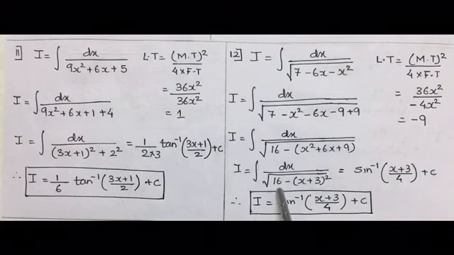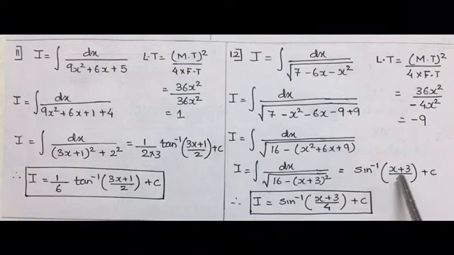Here a is 4, so a square is 16. So we get here sine inverse, in the place of x we have x plus 3. So x plus 3 divided by a, meaning 4, plus c. So this becomes the final answer.